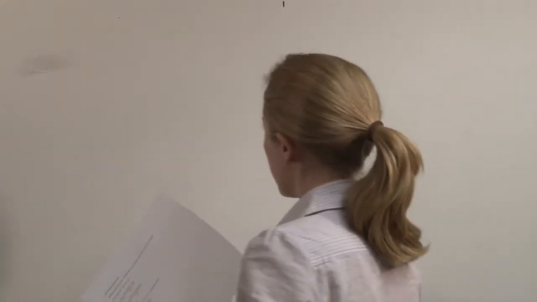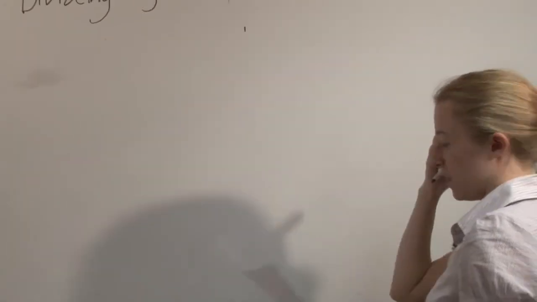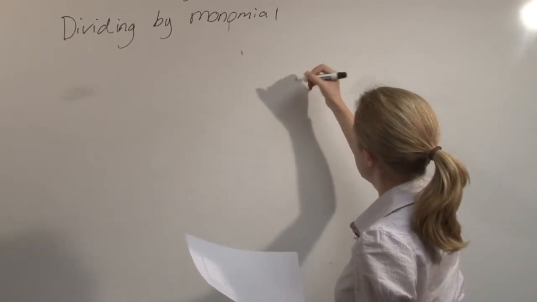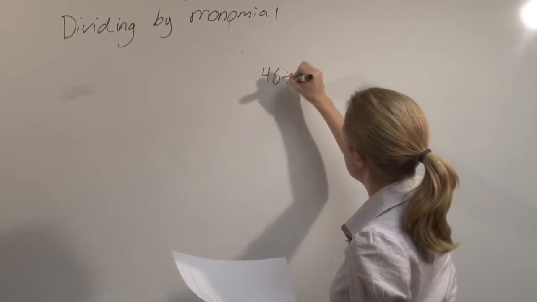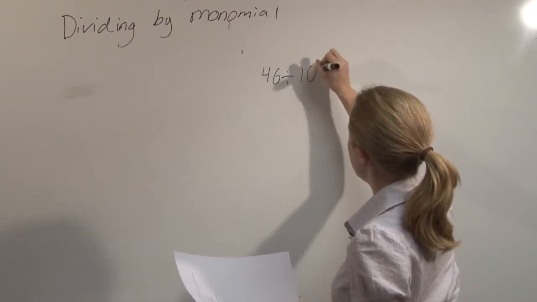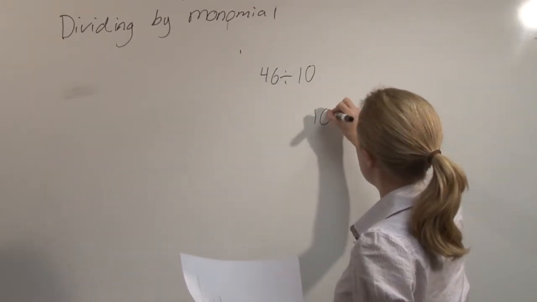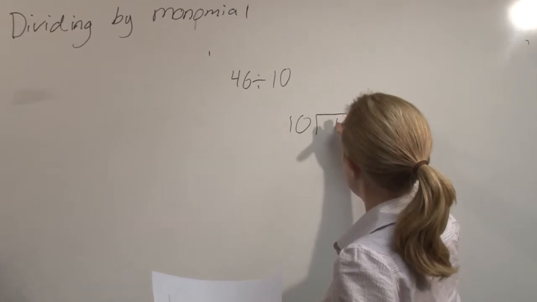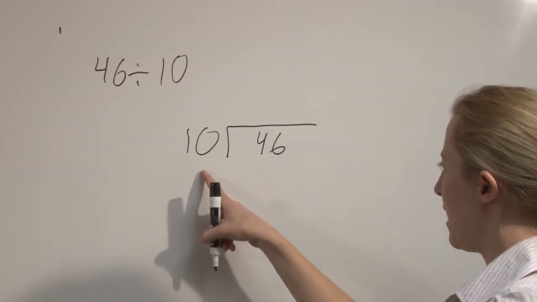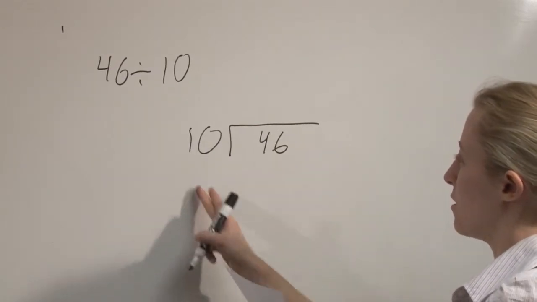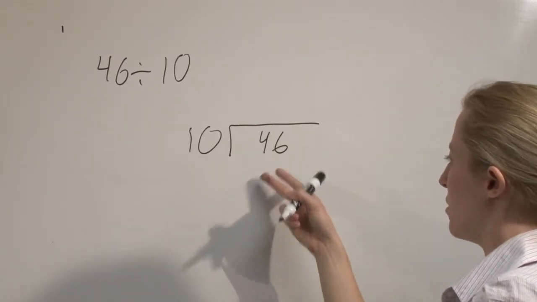So if you remember from elementary school, you would do division, like if you had 46 divided by 10, you would set the problem up like this. You'd have 10 and 46 under this little box, and then you would multiply 10 by whatever would give you the closest number that was smaller than this.